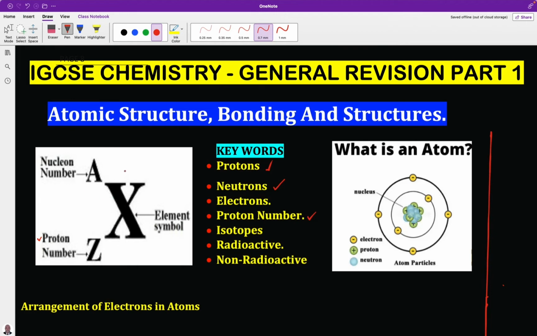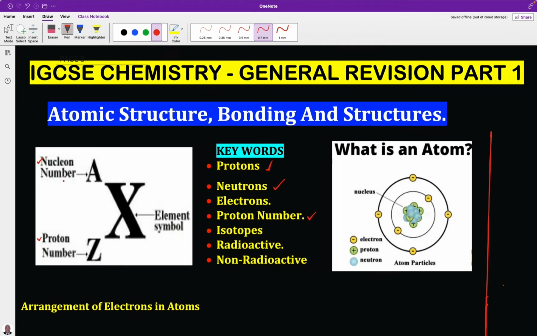Then, what is a nuclear number, or what we call the mass number? When you look at the periodic table, you will see an element, and you will see the nuclear number and the proton number.